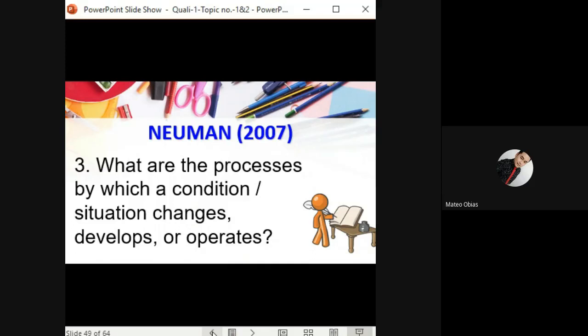And of course, we have the last one, confirmability. This answers questions such as: do the data help confirm the general findings and lead to implications? That is confirmability.